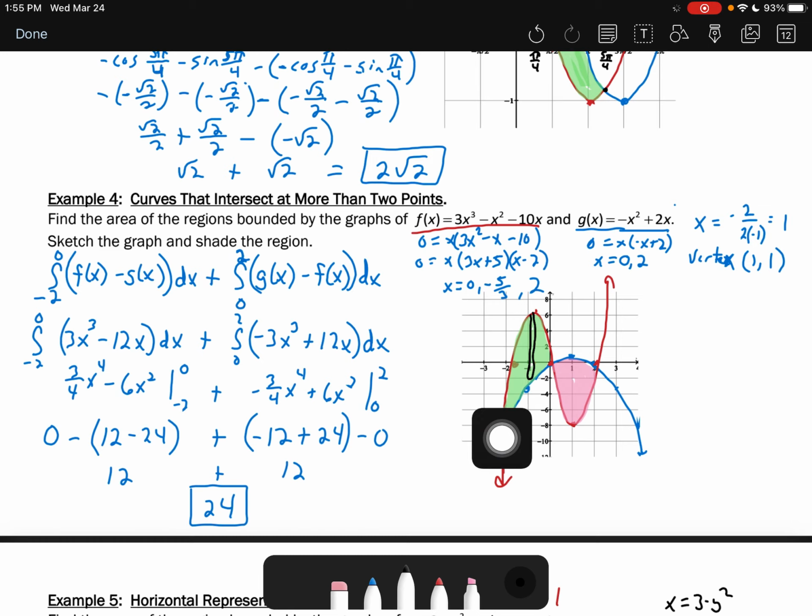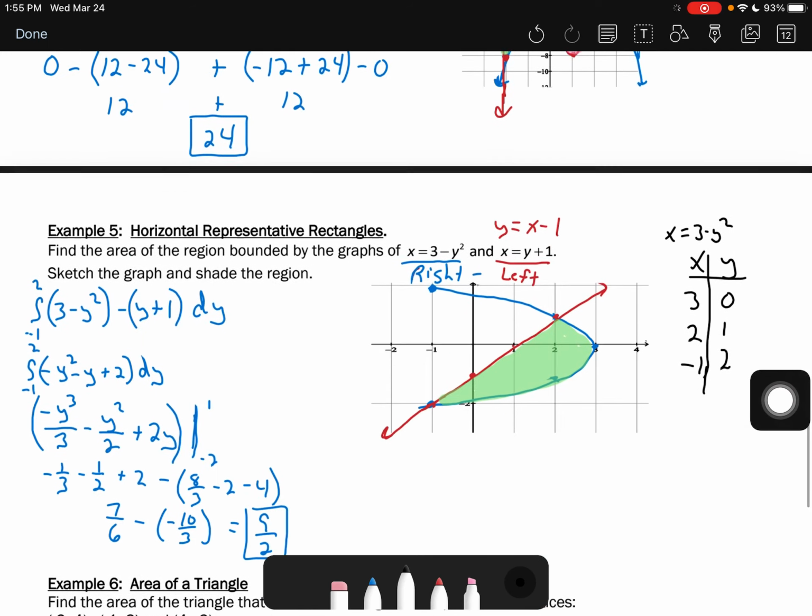When we talk about integrals, we're summing the area of all these infinitely thin rectangles. These ones are vertical because the function is explicitly written as y in terms of x, or f of x in terms of x. When they're written in that form, our function values are y values, making our representative rectangles vertical.